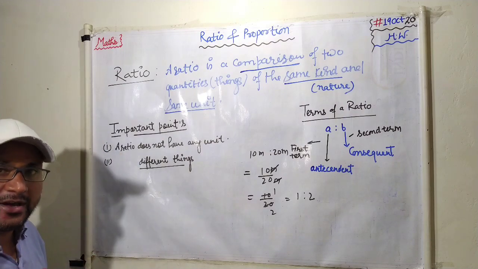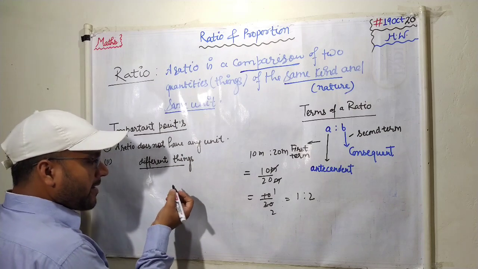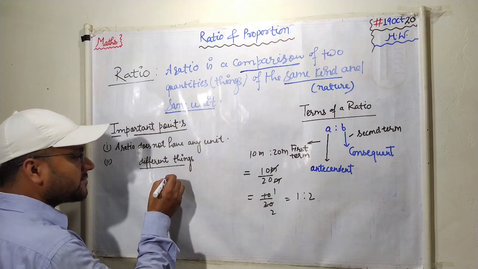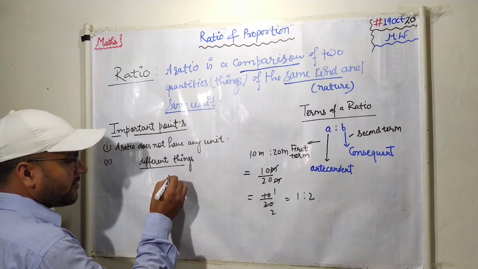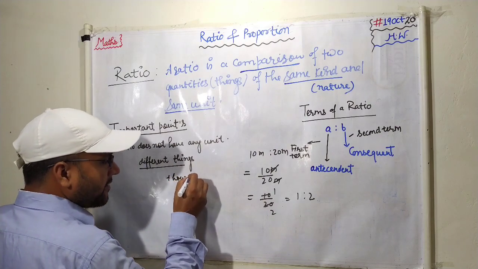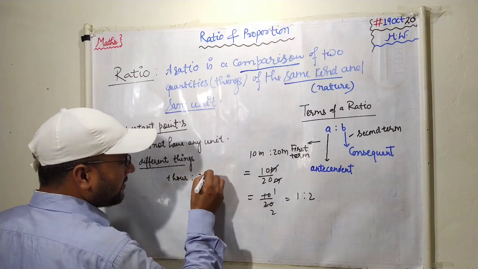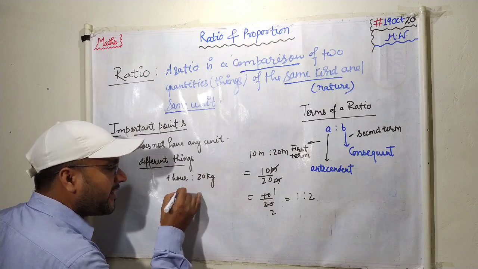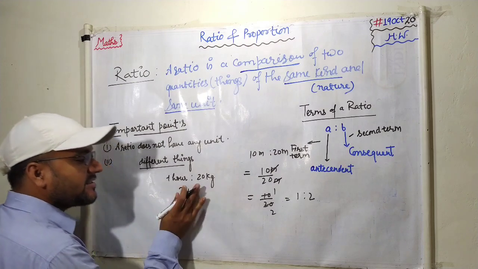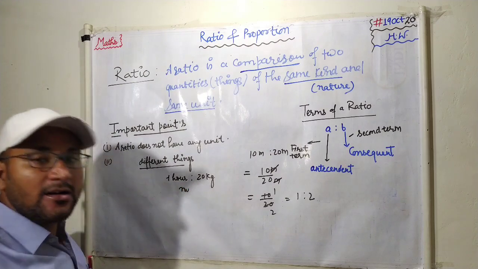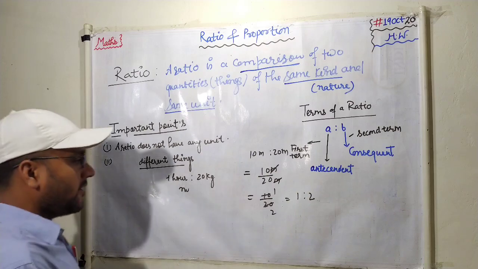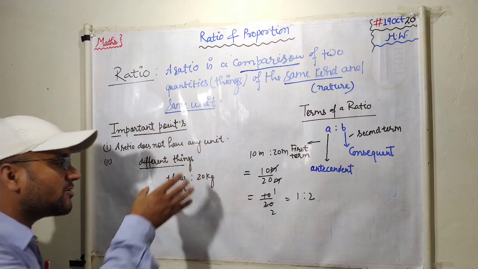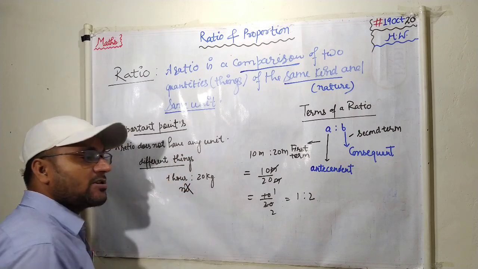You will not compare them, or you will not compare time to weight. You cannot write 1 hour ratio 20 kilogram. This is meaningless, students. No need to compare. It means the ratio does not exist. It is not possible, students.